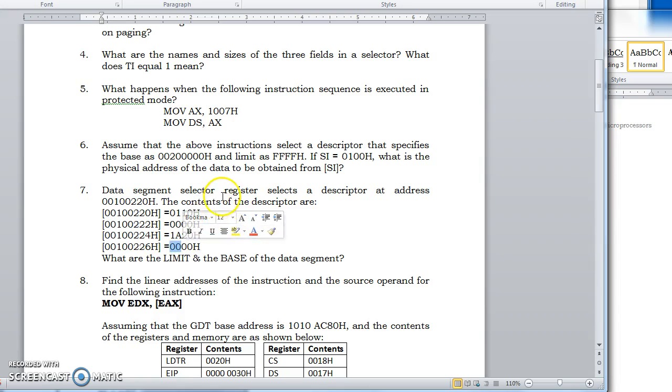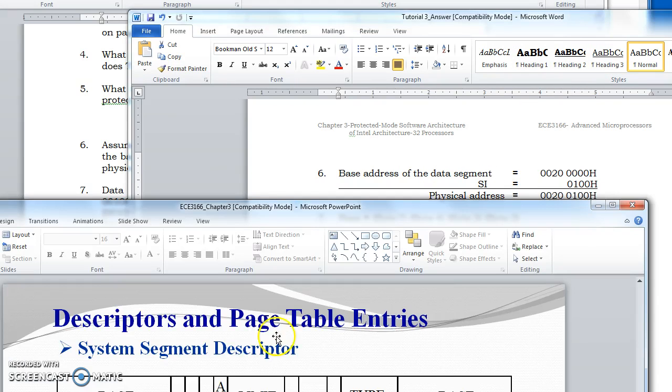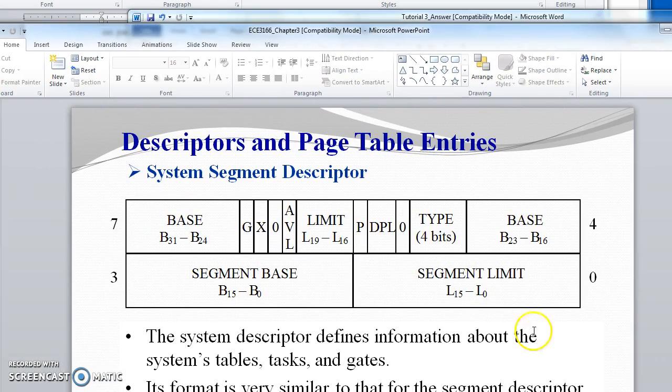And if we see the limit according to the slide, it is byte 0, byte 1, and byte 6.